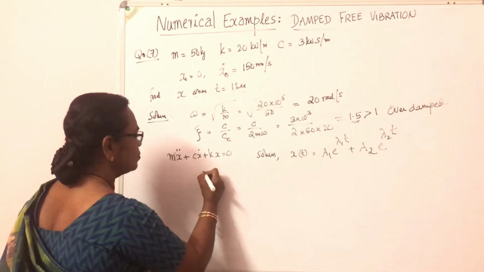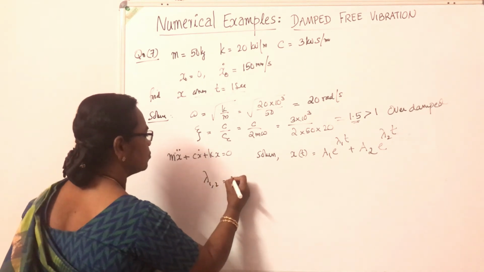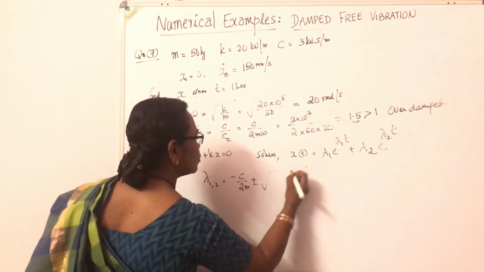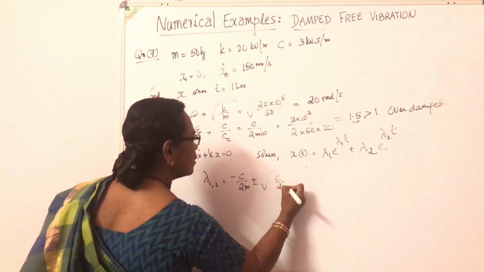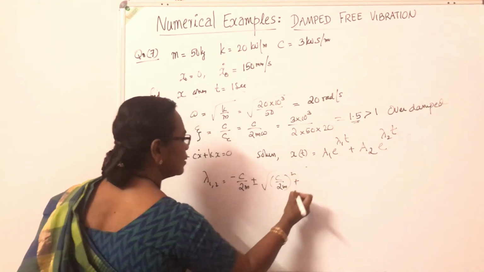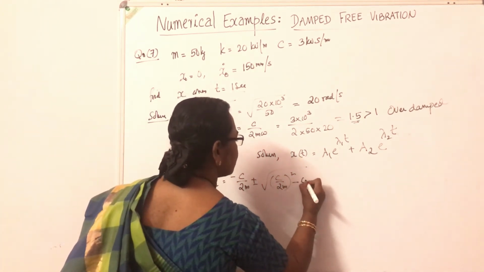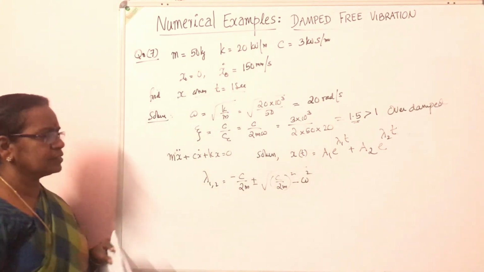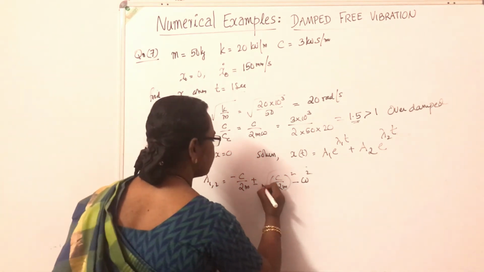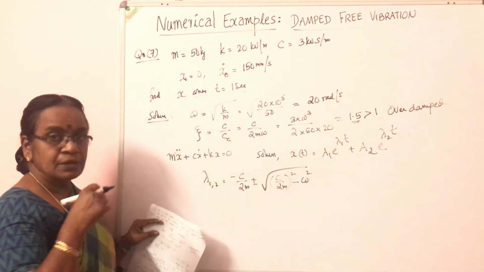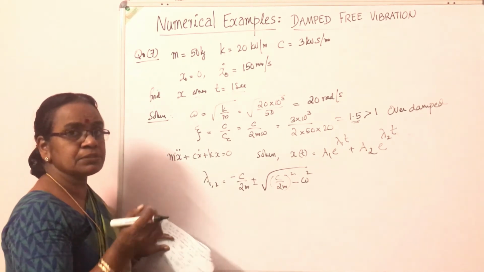What are these lambda values? The lambda 1, 2 values are minus c by 2m plus or minus root of (c by 2m) the whole square minus omega square. These are the roots of this equation, and based on the value of c by 2m and omega, we have classified it into underdamped, critically damped and overdamped.